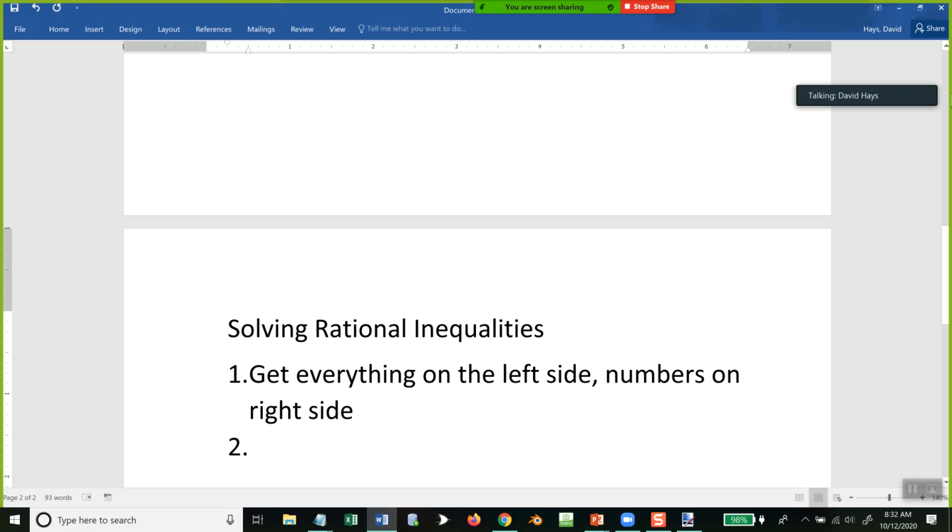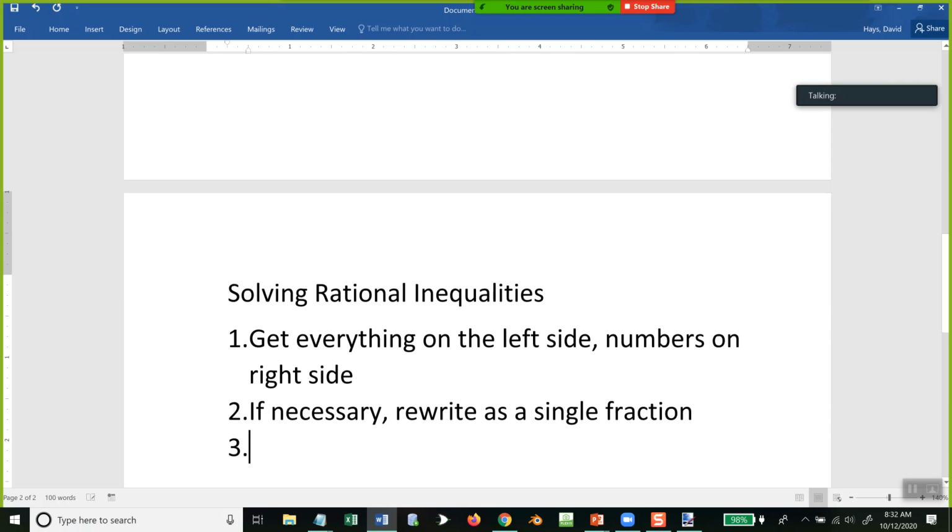Step 2, if necessary, rewrite as a single fraction. It might already be a single fraction, but that's what rational means. So you can't be solving rational inequalities unless it's actually a rational inequality.